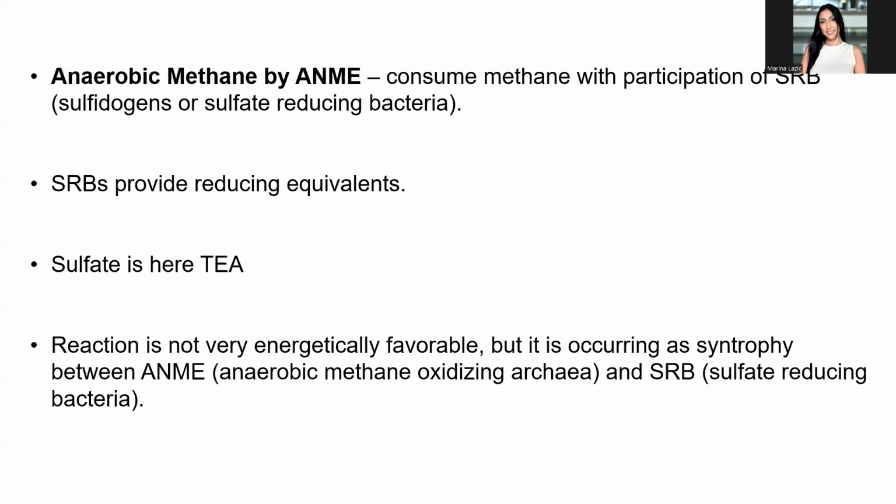They're always with SRBs. Terminal electron acceptor here is obviously sulfate, and sulfate-reducing bacteria are providing reducing equivalents. So even though it's not a very energetically favorable reaction, it is occurring in syntrophy between ANME and SRB. So technically, you have two organisms doing methane oxidation and sulfate reduction.